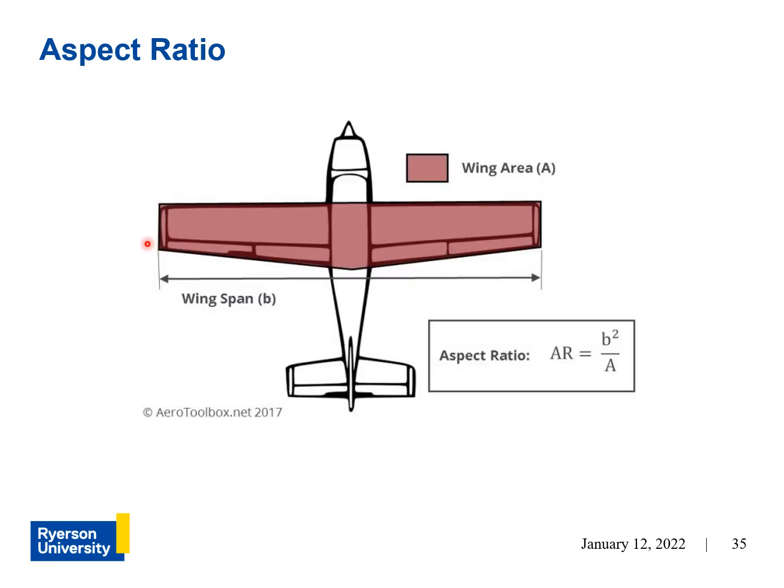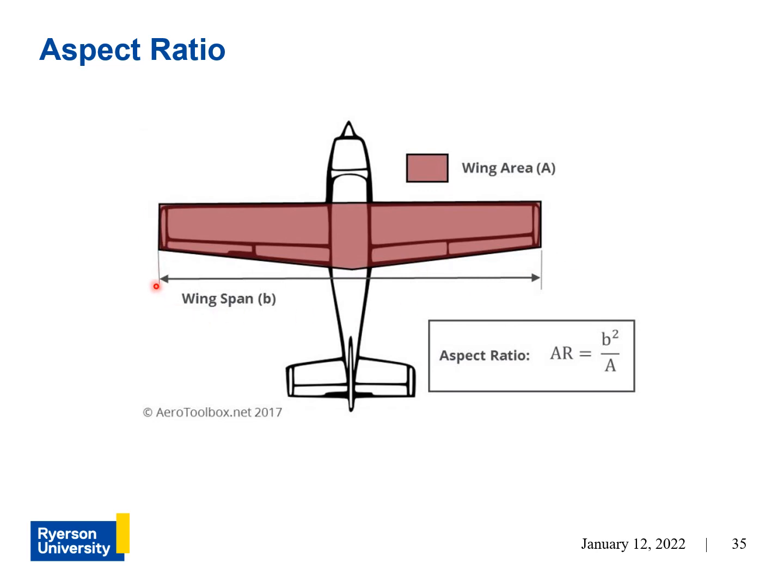Now the aspect ratio of a wing is defined as the span of the wing, B, divided by the chord, and that's for a rectangular wing. Now most wings have a taper, as you can see for this one.